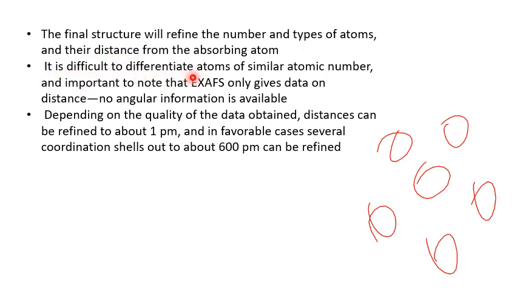It is difficult to differentiate atoms of similar atomic number. If the atoms present have similar atomic number, it means they are isotopes. Isotopes are atoms which have the same atomic number but different atomic masses. So if two isotopes are present, it is difficult to differentiate them. It is also important to note that EXAFS only gives data on distance; no angular information is available.